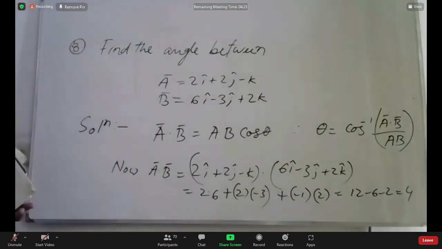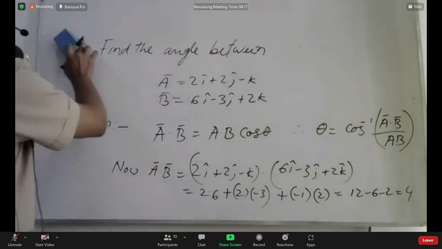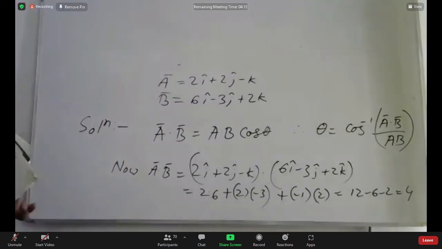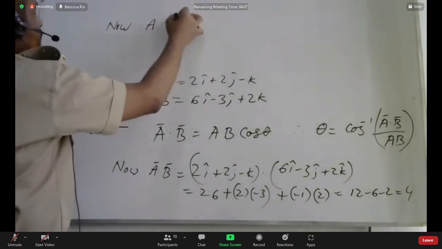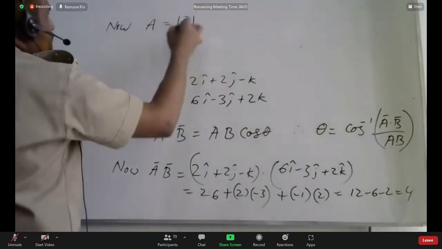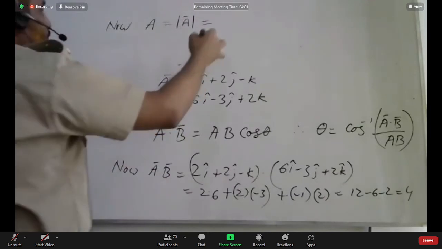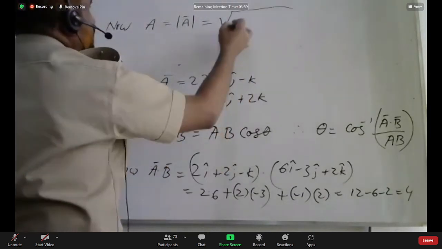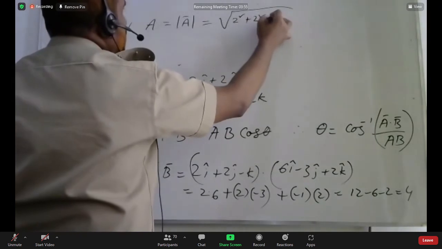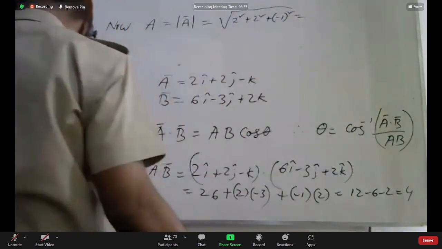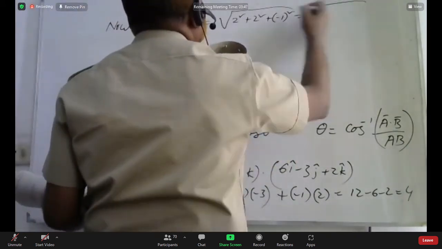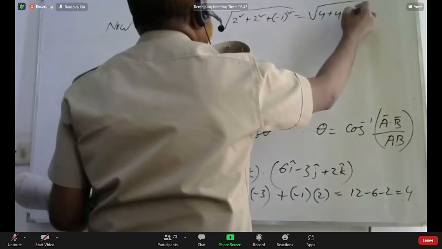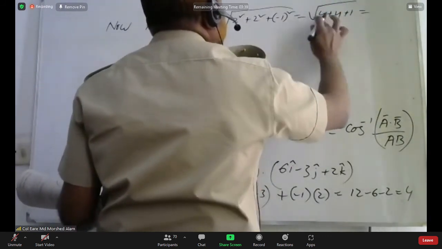Now what is A and what is B? How to find out the magnitudes? The magnitude of A is root over 2 square plus 2 square plus minus 1 square, isn't it? This is 4 plus 4 plus 1, that means 9.